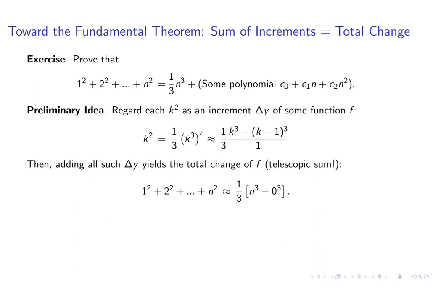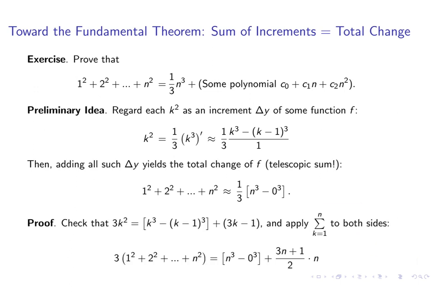So when you do the summation, so you add k cubed minus k minus 1 cube for different values of k, you are left with n cube minus 0 cube, the total change in the cube function. And we still have 1/3. So we have this approximate identity. In what sense approximate, we'll see in a moment.